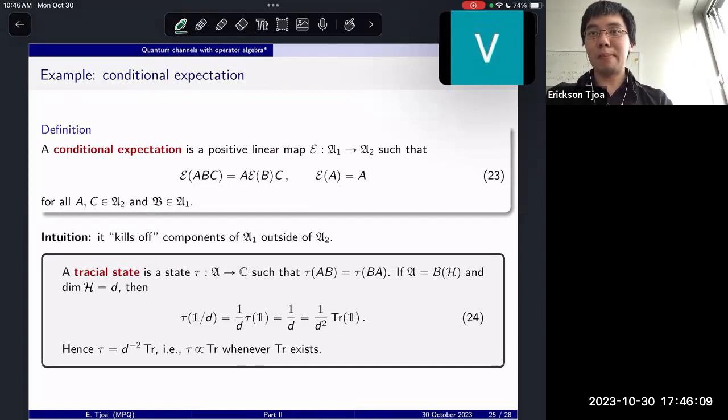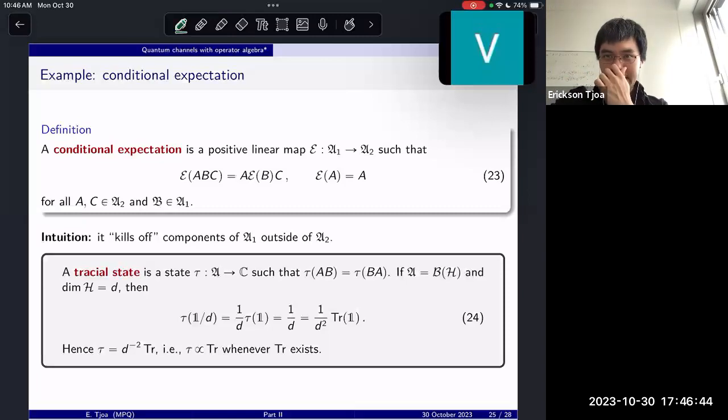It sounds very mysterious compared to what we are used to, but a conditional expectation is really a positive linear map with the property that the action on products of 3 elements amounts to the action only on the central one, if A and C are in the output algebra and B is in the input algebra. And it has a fixed point if A is already inside the output.